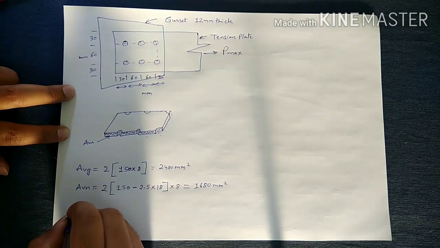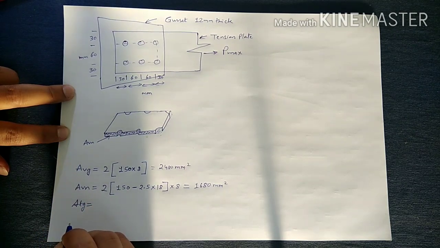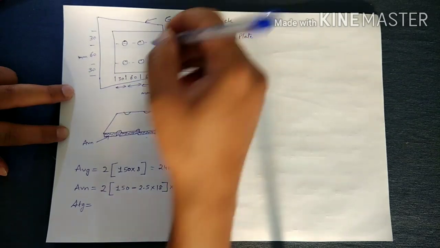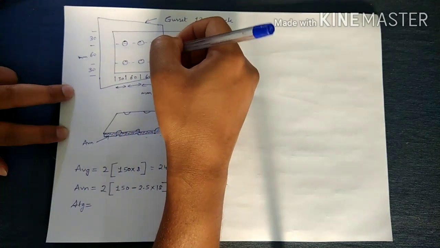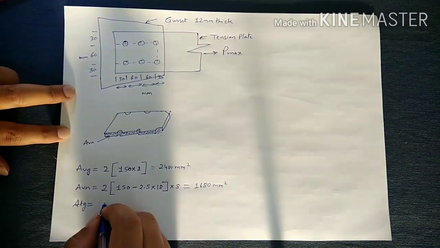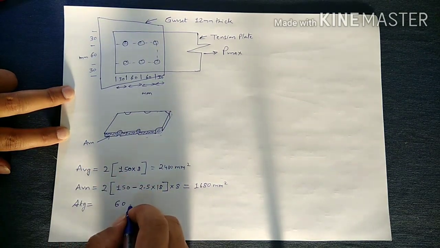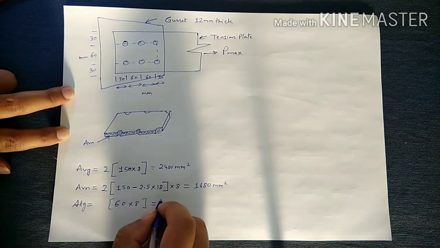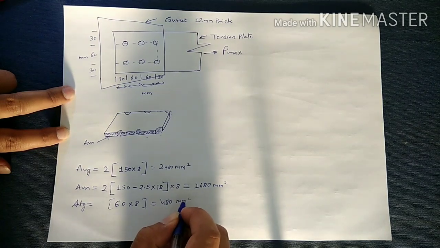Now ATG, this is your tension plane of tearing, that is this plane. When we find gross, we do not consider any bolt hole. So from here to here, the length is 60 and the thickness is 8. So it comes to 480 mm square.